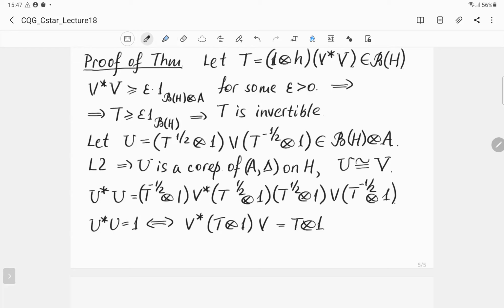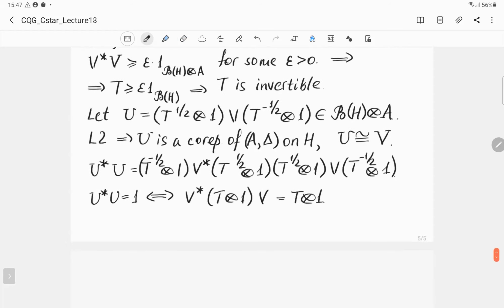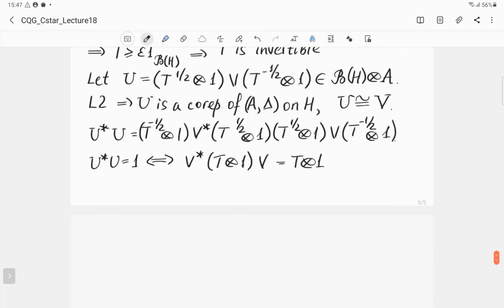So we have to show that this equality holds. This will mean exactly that U is unitary. Okay. Well, why is it so?